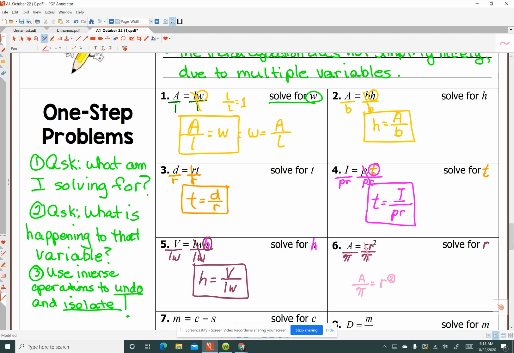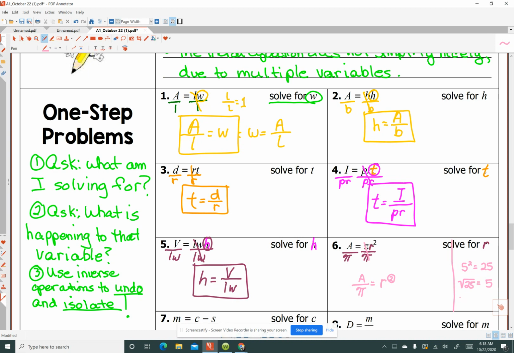And let's do a little sidebar over here. If I have 5 squared, that equals 25, right? If I were to take the square root of 25, that would equal 5.